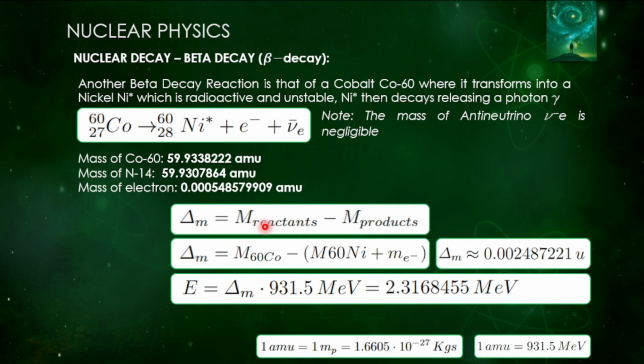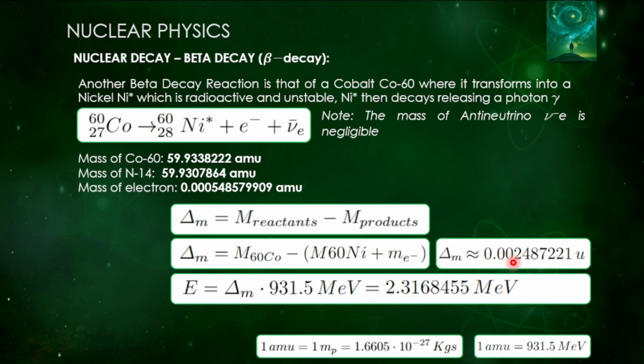So delta M is equal to mass of reactants minus mass of the products, which is the mass of cobalt 60 minus mass of nickel plus mass of the electron together, around 0.002487, which is the mass deficit. By the way, I get many numbers after the comma.